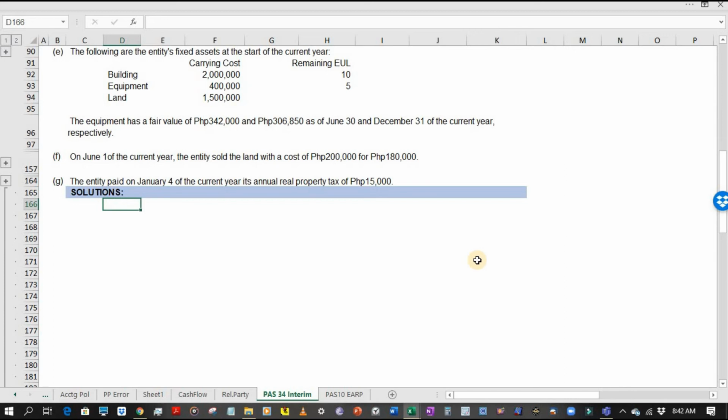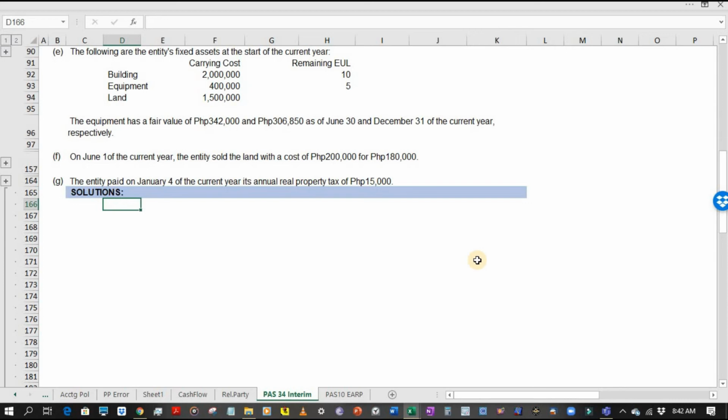So this means that the 15,000 pesos shall not be recognized as an expense outright or immediately. Instead, it will be recognized based on a systematic allocation, and that is the straight line method. So the 15,000 will be allocated evenly throughout the year.